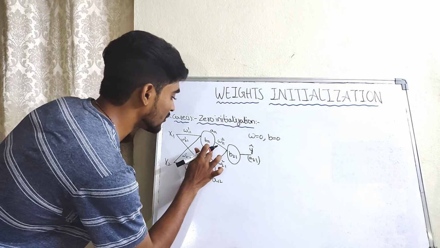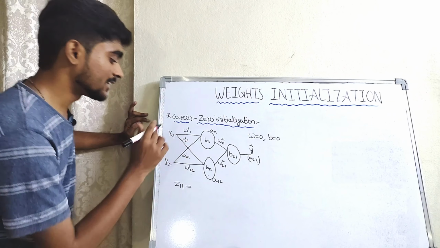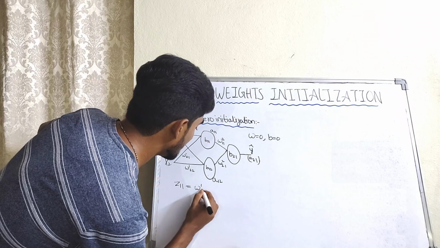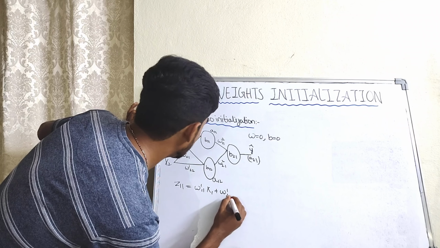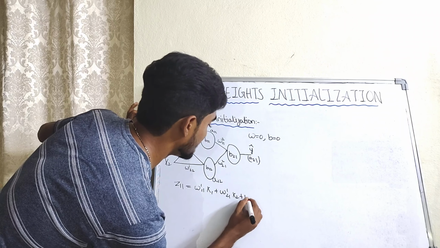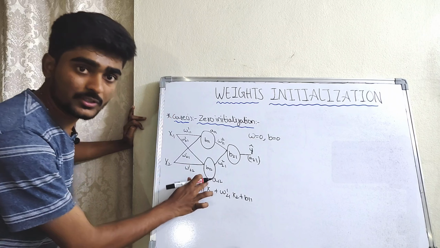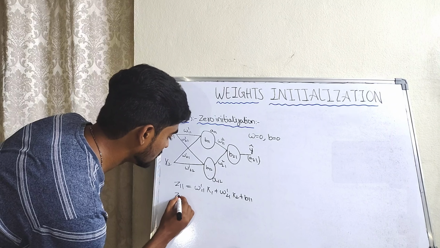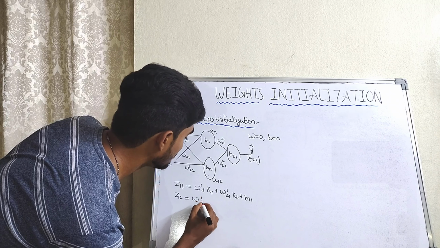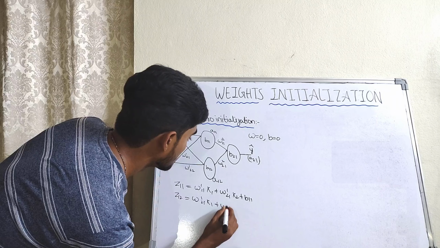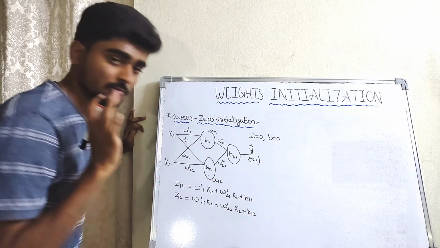With respect to this node, the weighted sum z11 corresponds to w1 x1 plus w1 x2 plus b1. For the other node's output, the weighted sum z12 corresponds to w1 x1 plus w1 x2 plus b1.